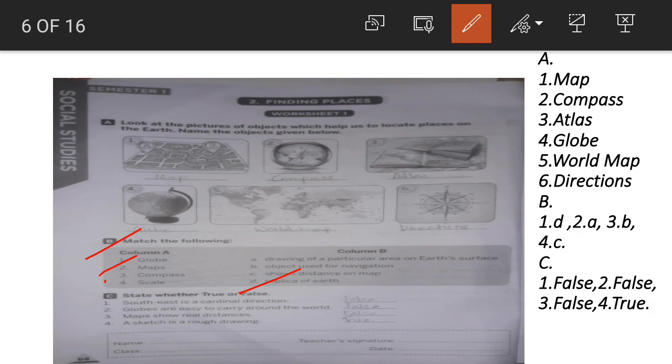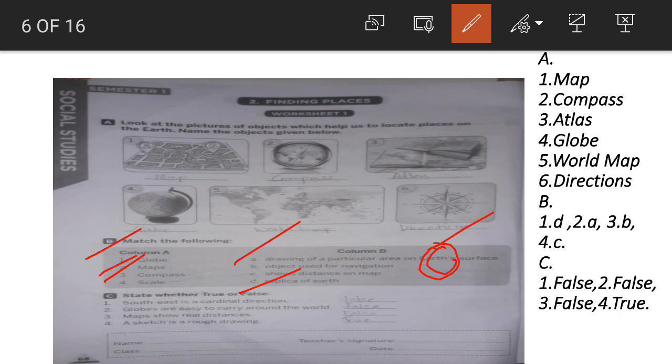Next, question number 2, maps. Question number 2 is A. Map is a drawing of a particular area of the Earth on a flat surface.